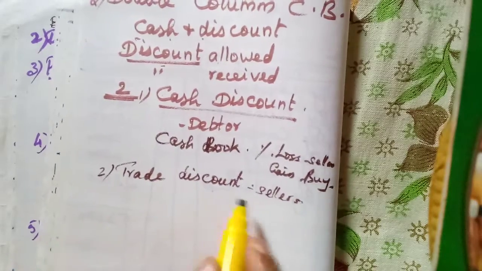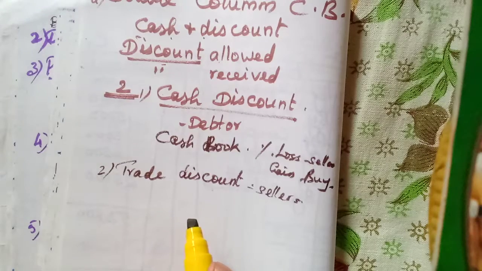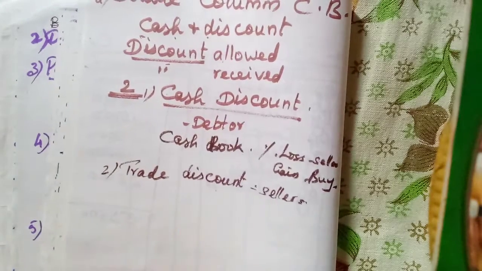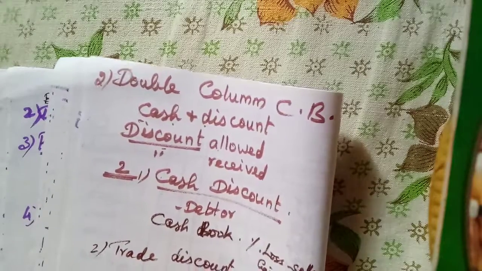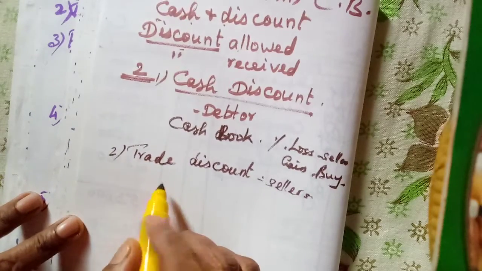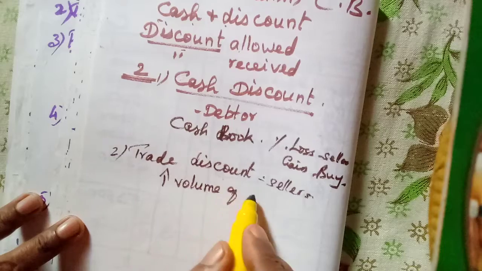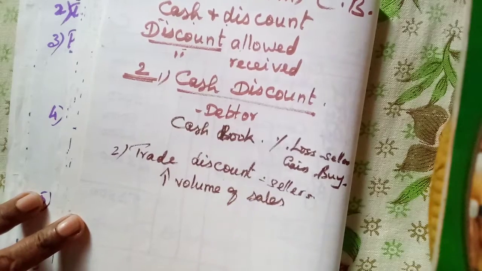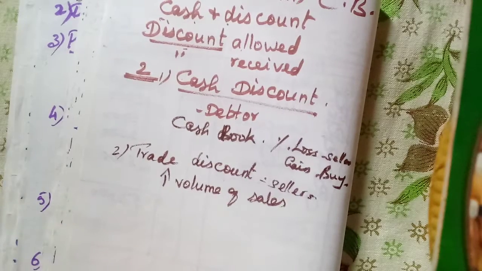But this discount is given in order to encourage them to make more sales. Increase the volume of sales. In order to increase the volume of sales only, they give this trade discount.